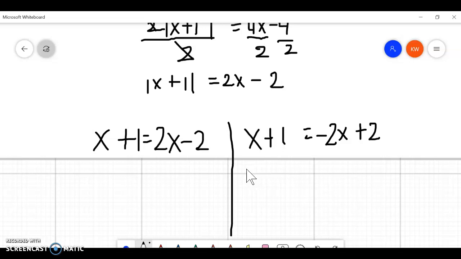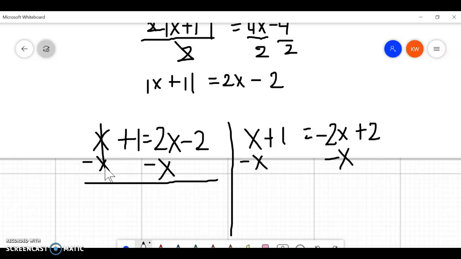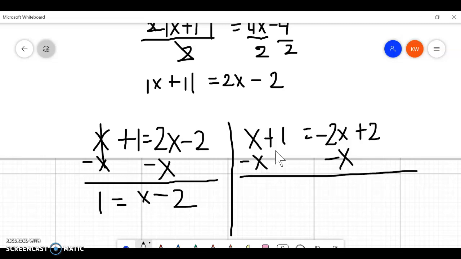As I solve them, I solve them like another multi-step equation. I'm going to bring my x to the other side by subtracting. Over here, that cancels out our x's, leaving me with 1 equals x minus 2. Over here, that gives me 1 equals negative 3x plus 2.